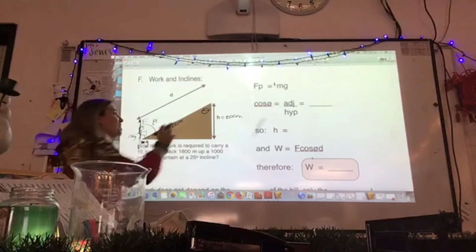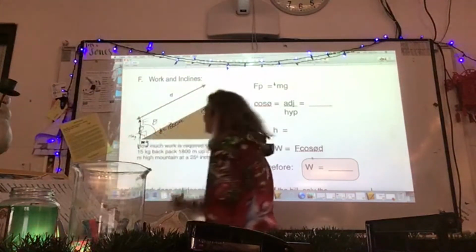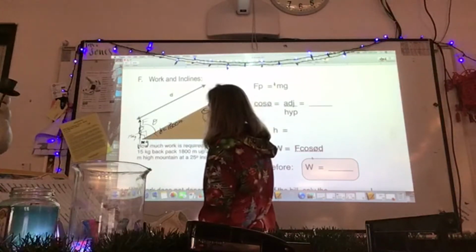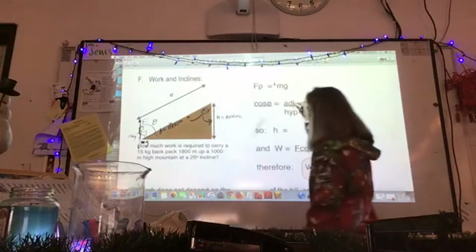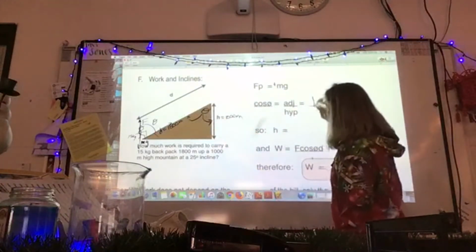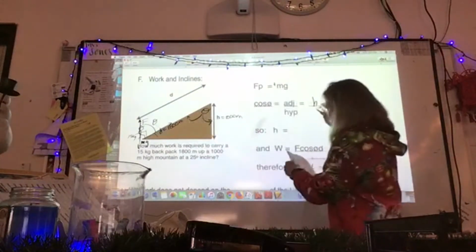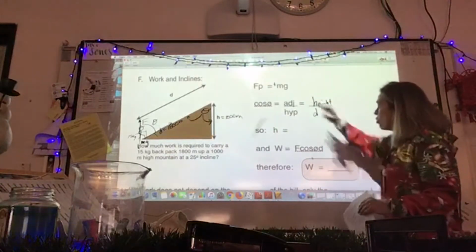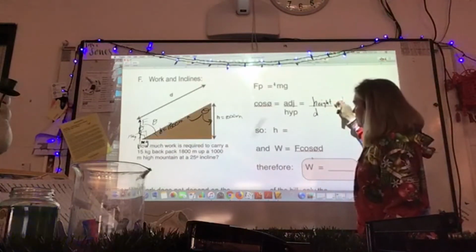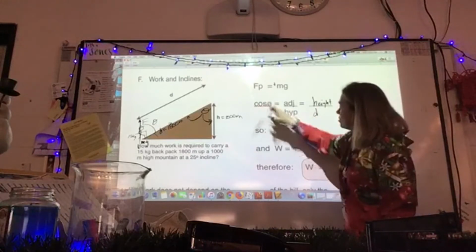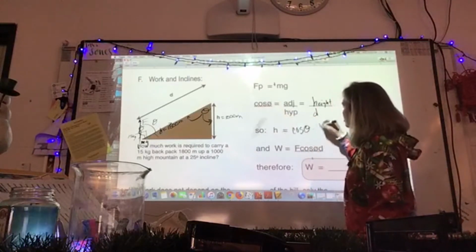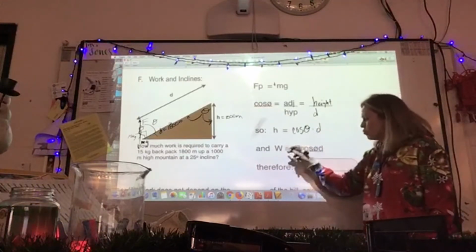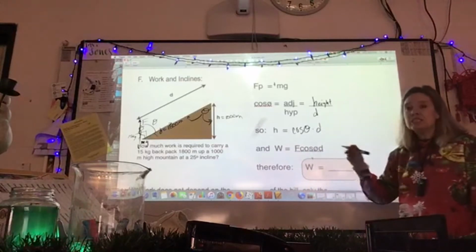It's going to get better. Cosine is adjacent over hypotenuse, and my adjacent is the height, and this is my D. So if I solve for height, height equals cosine angle times D. Didn't we just learn on the page before that work equals F cosine angle D?